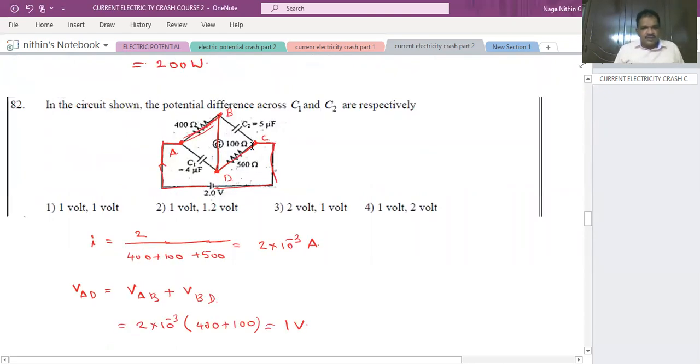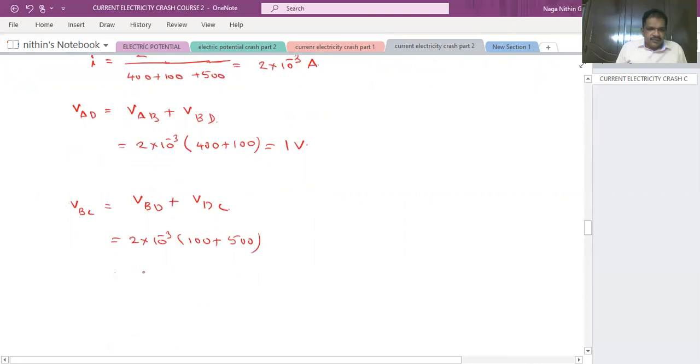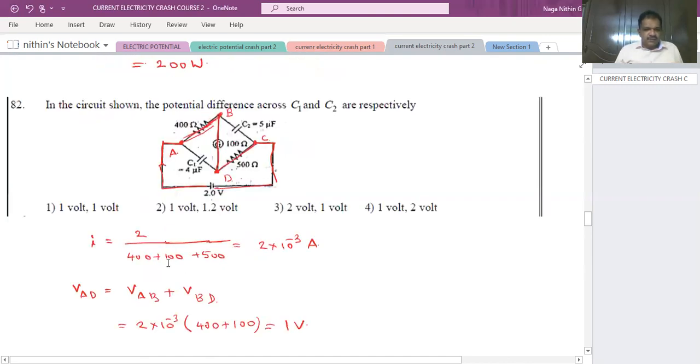This is 100, this is 500. So totally this value is 1.2 volt. Okay. So what will be the answer for this is 1 volt and 1.2 volt. This is the answer for it.